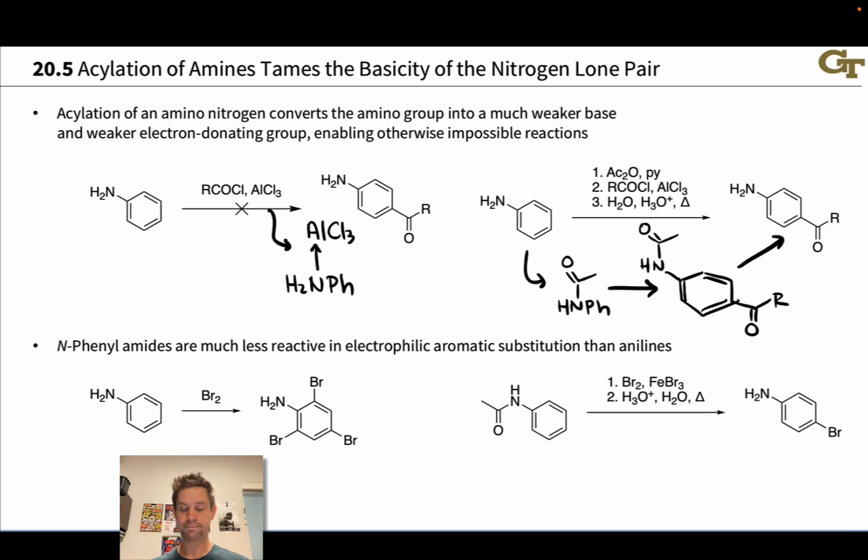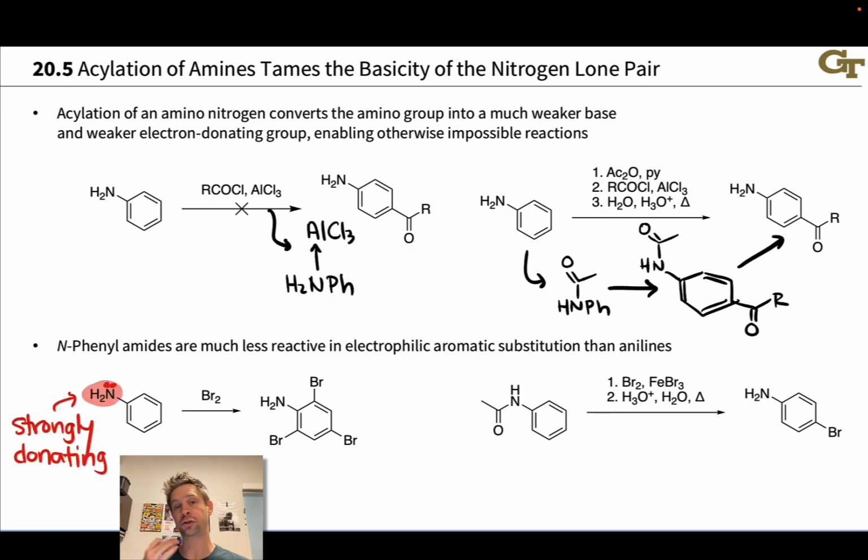However, for the amide, for the corresponding N-acetyl aniline, where now this nitrogen is a lot less Lewis basic, you have to go back to using a Lewis acidic catalyst such as FeBr3, and this gives only the monobromo product, for example, the para-bromo aniline product after deprotection or hydrolysis of the amide back to an amino group.